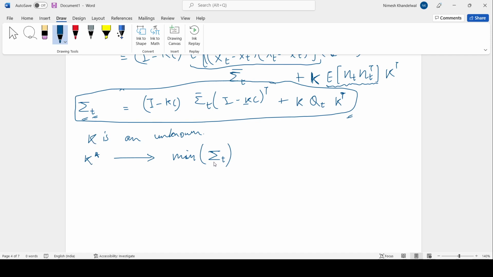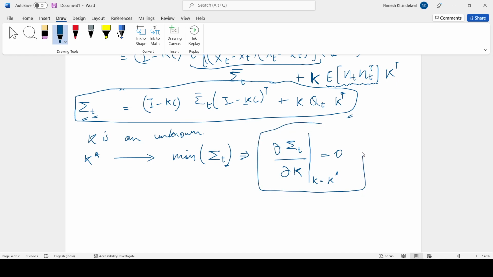So how would I minimize my variance? What does this mean? This means that we want a K for which del of variance over del K is 0, at K equal to K star. This is the simple result, not a trick, that we have been using since high school.